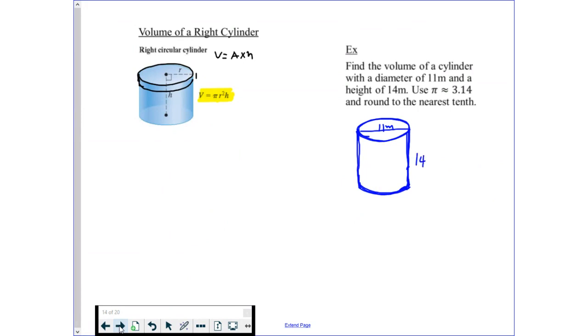Now you can see here, pi is given 3.14, so you have to use 3.14. Multiply and find the volume: V equals pi r squared times h. So the r is here 5.5. Just divide 11 by 2, so it is 5.5 meters.